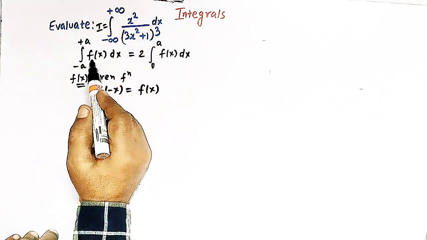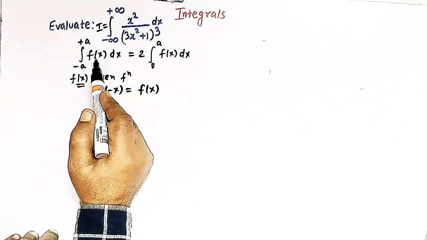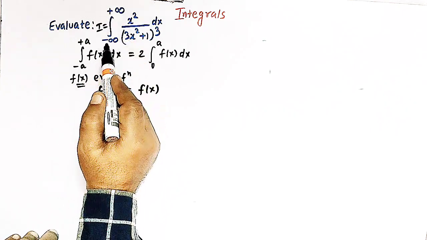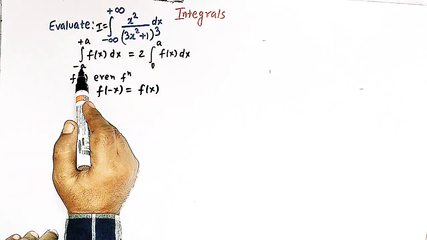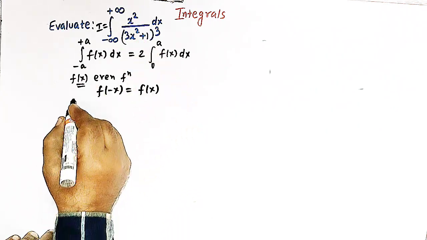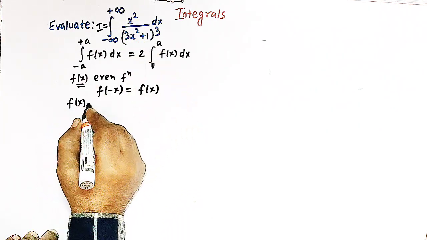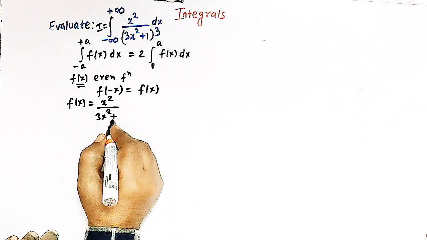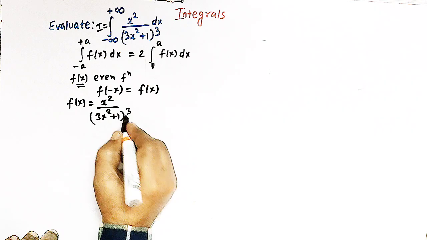So here if we compare this integral with this one, then the limits are from minus a to a, that is minus infinity to infinity. For a we have infinity, and the integrand f of x is x square over (3x square plus 1) cube, right?